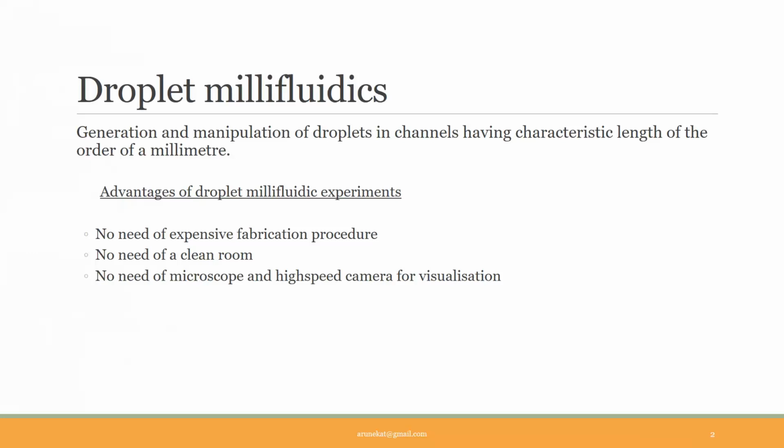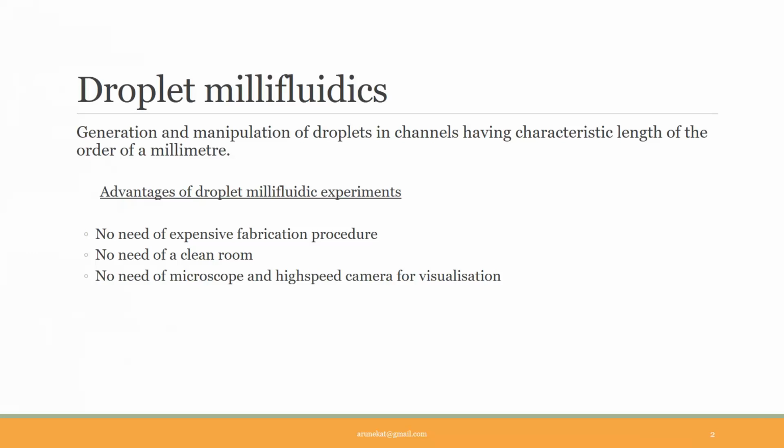Droplet millifluidics deals with the generation and manipulation of drops inside channels having a characteristic length of the order of a millimeter. Conducting these millifluidic experiments requires fabrication of the millifluidic channel, generating droplets, and capturing the droplet motion using a camera. The fabrication of millifluidic channel is very simple and cheap.